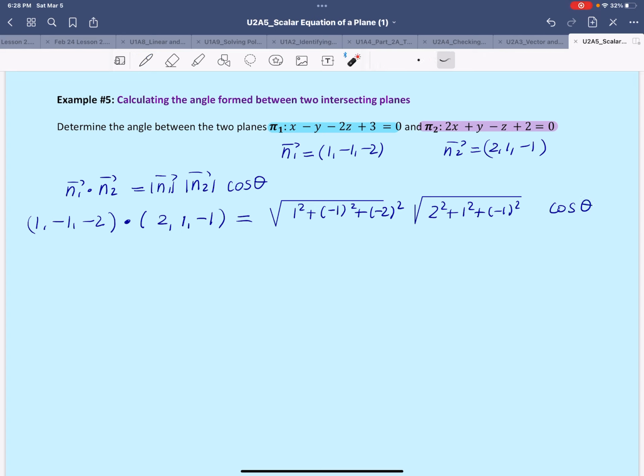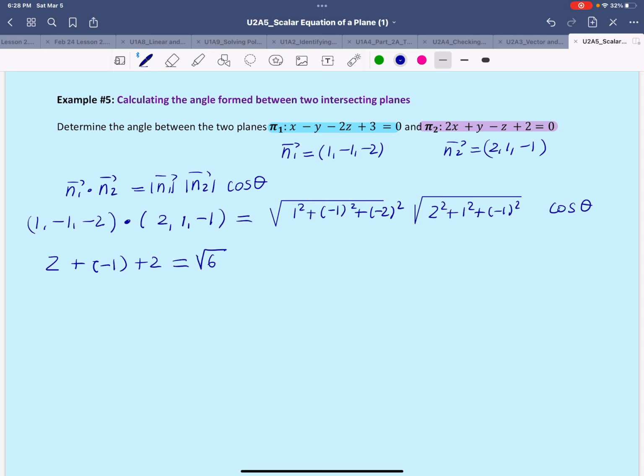So again, here we're multiplying x's together. 1 times 2, 2. Y's together: -1 times 1 is -1. And z's together: -2 times -1 is +2. So the square root of 1 plus 1 plus 4 is root 6.